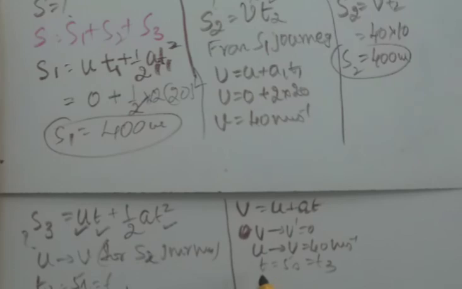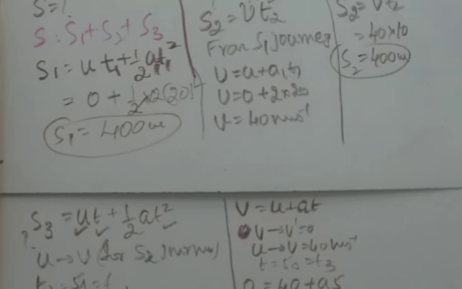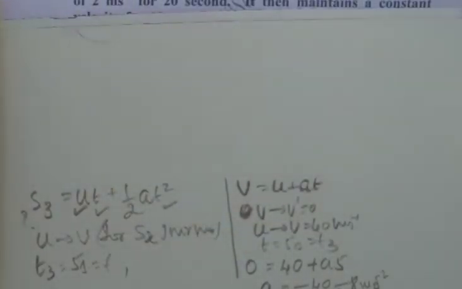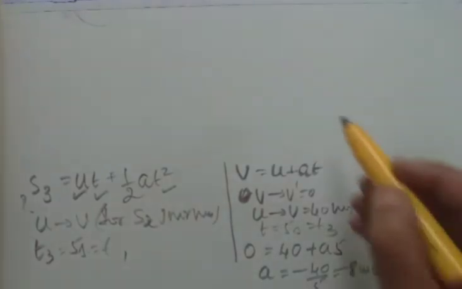Now we substitute everything there. 0 equals 40 plus A times 5. So A equals minus 40 by 5, minus 8 meter per second square. Once we get A, we straight away substitute and calculate.